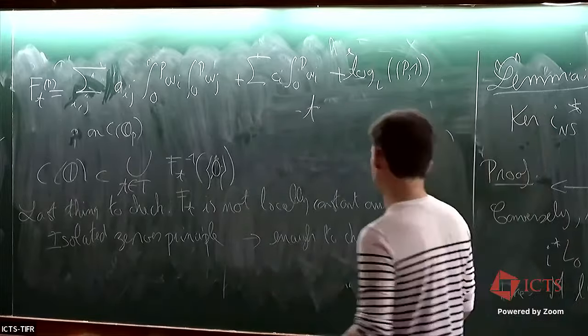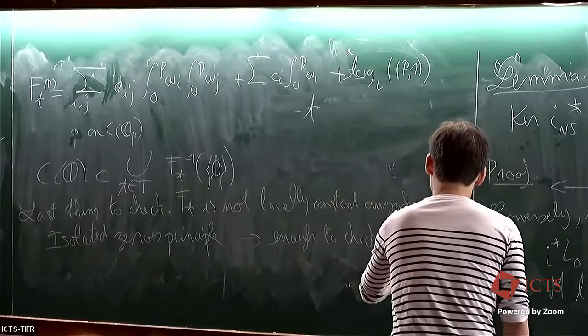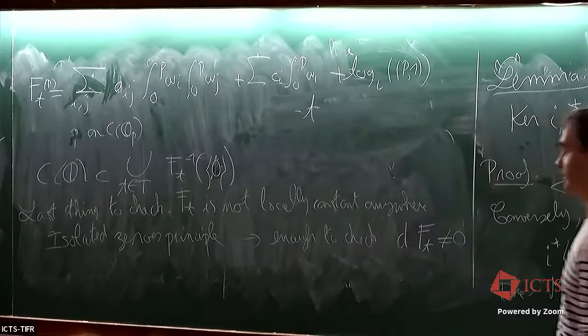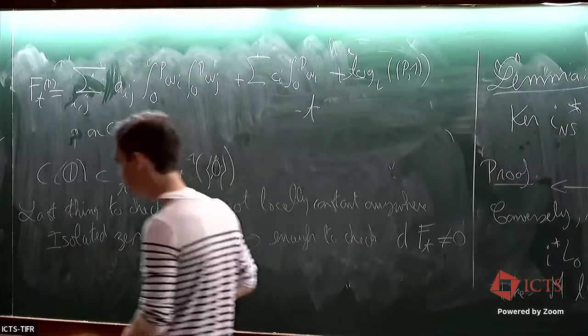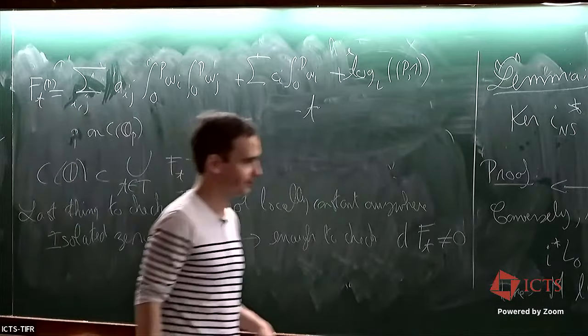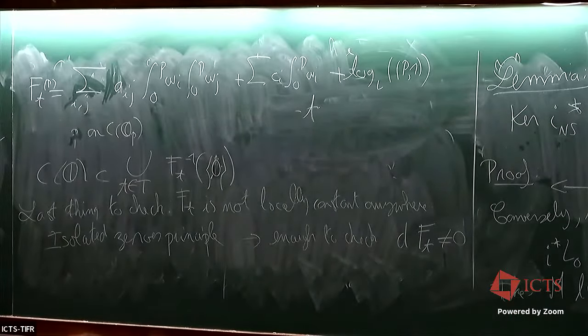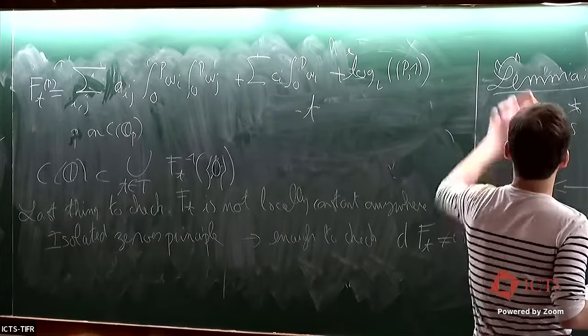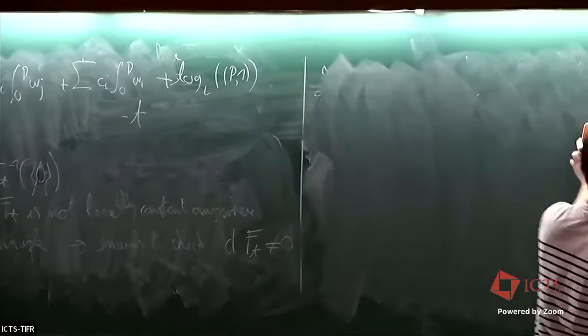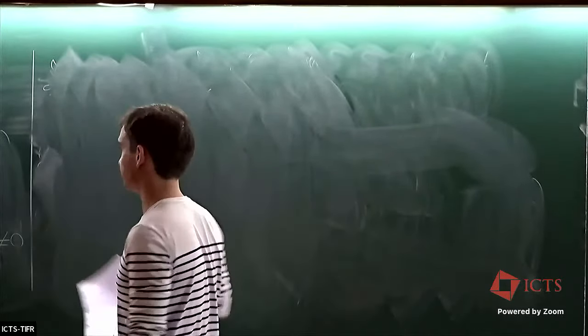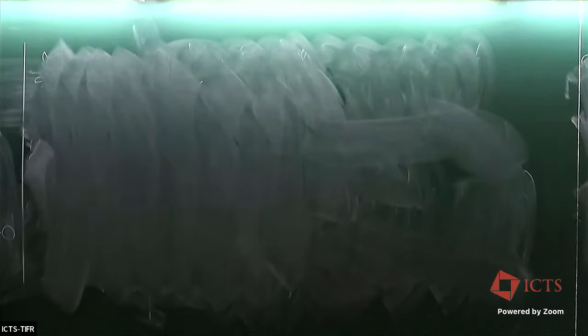It's enough to check that the differential of Ft is non-zero everywhere, non-zero as a function here. I'll now analyze what's going on with this function and prove finally that there is no problem here. So I want to prove this is non-zero inside omega 1 of C over QP, or at least the Vologodsky one-forms.